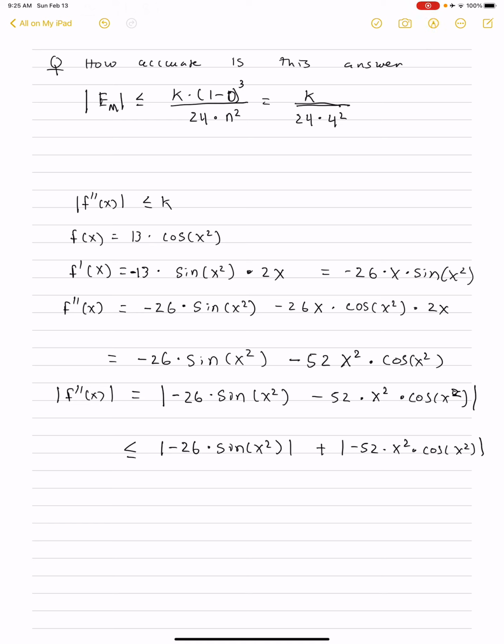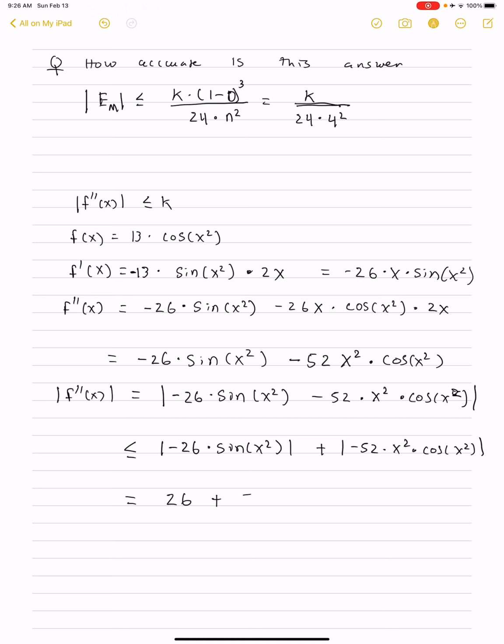I know that the first term, sine of x squared, is less than or equal to 1 in absolute value, so why don't I just put 26? For the next term, I know that x squared, the largest it can be is 1 on the interval from 0 to 1. And likewise for cosine, the largest it can be is 1.